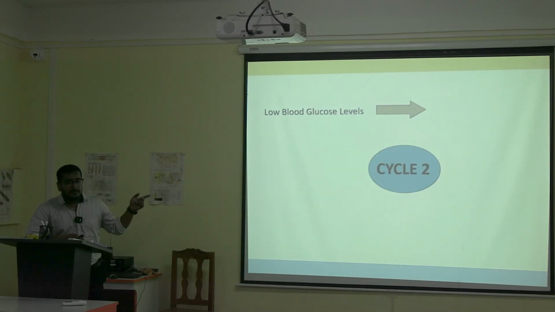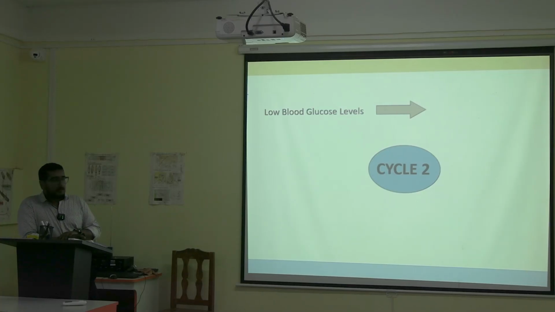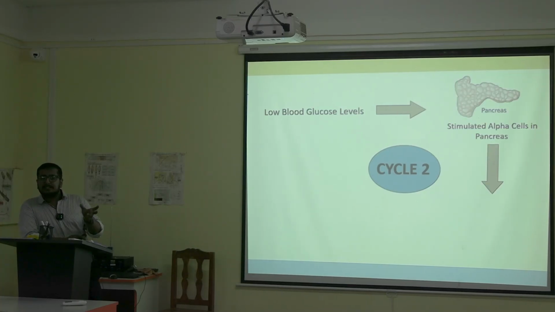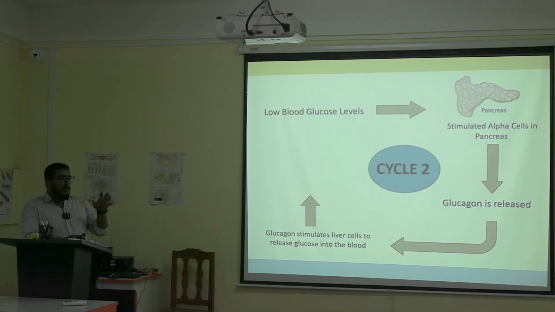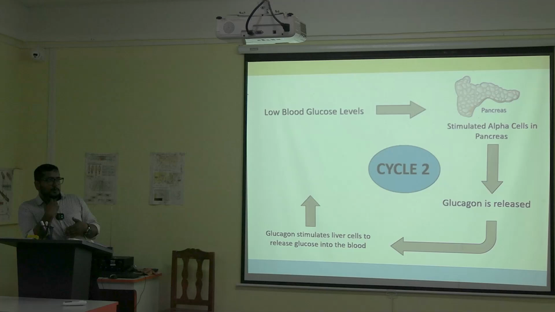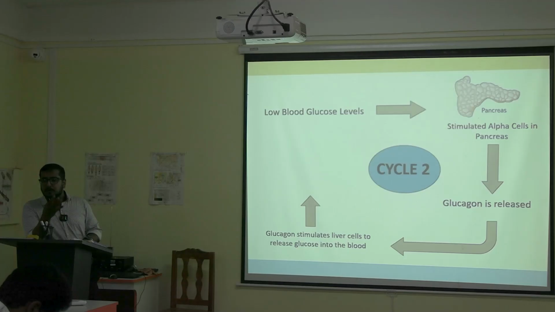Secondly, when there is a low glucose level, there is stimulation of the alpha cells of the pancreas, which will release glucagon. Glucagon acts on the liver, supplying the necessary glucose by gluconeogenesis or glycogenolysis.